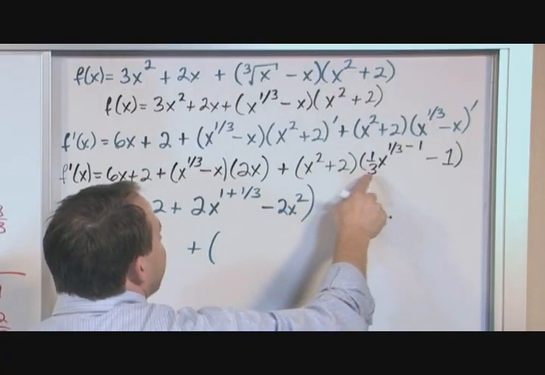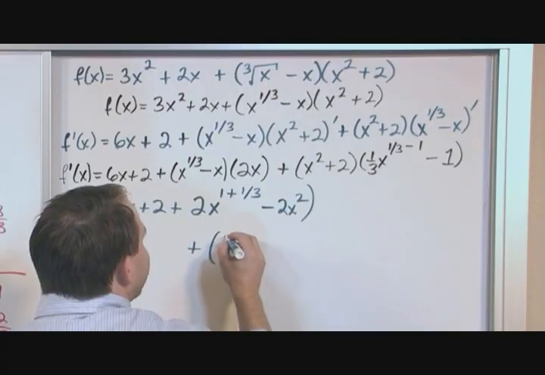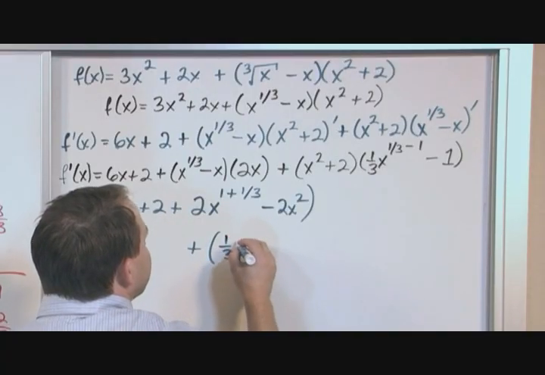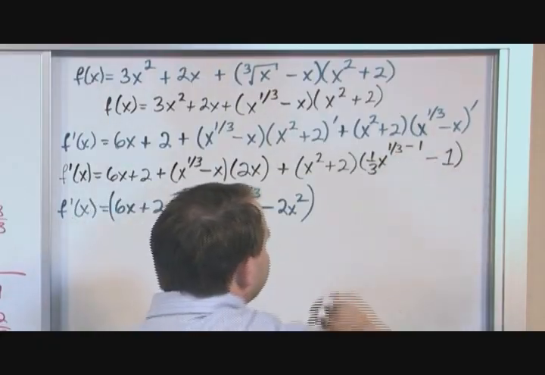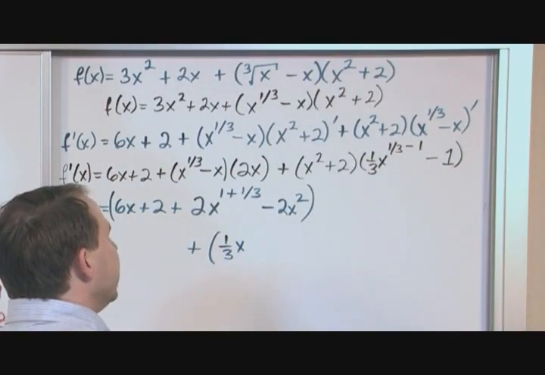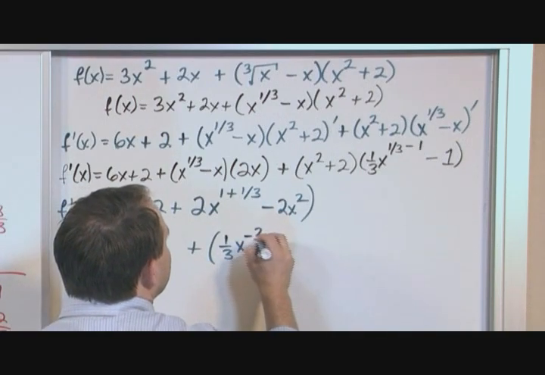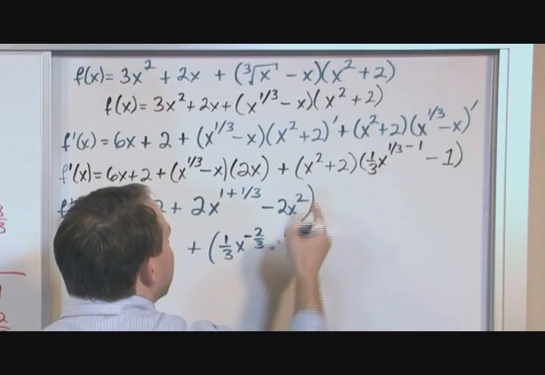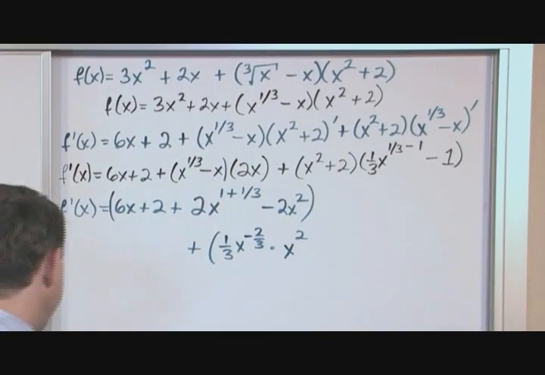So I'm going to have 1/3, the first two terms here. I'm going to have 1/3 x to the, and then now I'm going to actually do this fraction. 1/3 minus 1. You can go figure that out. 1/3 minus 3/3 is going to give you negative 2/3. So it's going to be negative 2/3 multiplied by x squared. And I'll add those exponents in another step.